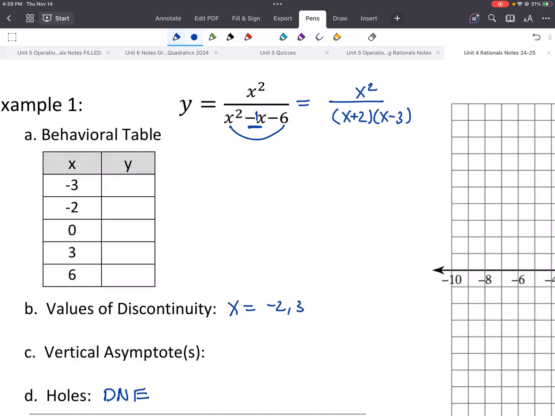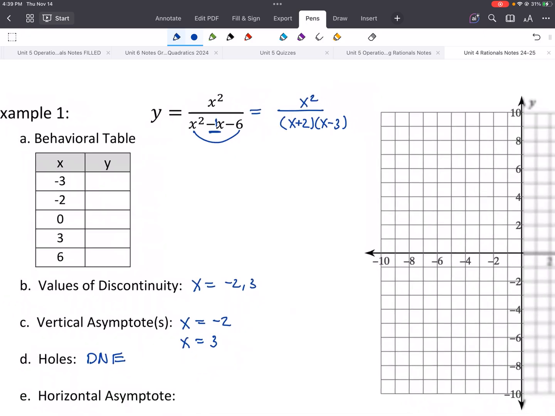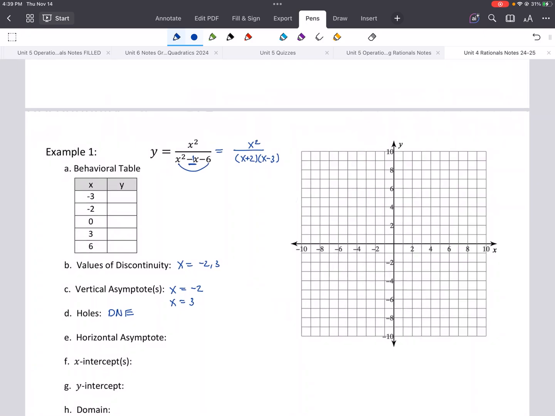Nothing cancels, top and bottom, so that means that both of these are vertical asymptotes. We could sketch those and fill in our table. So this is DNE, and at 3 it's DNE. We could sketch those vertical asymptotes.